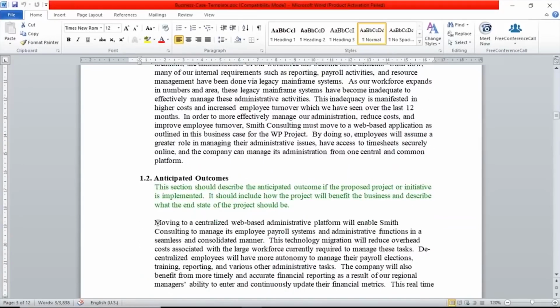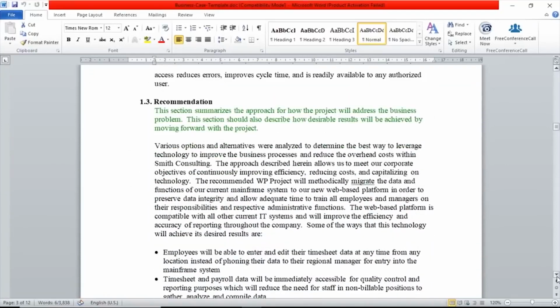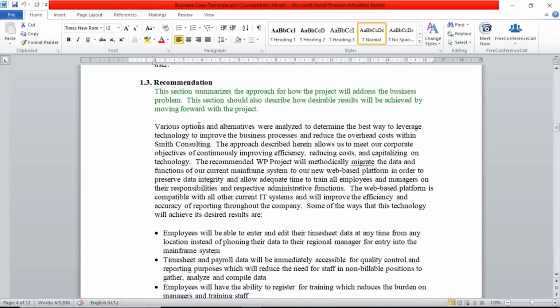So what are the anticipated outcomes? Moving to a centralized web-based administrative platform, which will not only give ease of operation, but also will save cost. What are the recommendations? Of course, various options and alternatives were analyzed to determine the best way to leverage technology to improve the business process and reduce the overall cost within Smith Consulting.